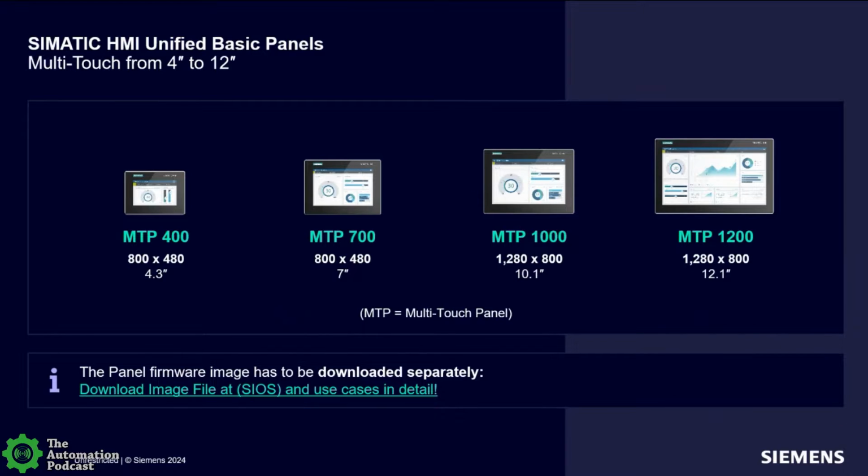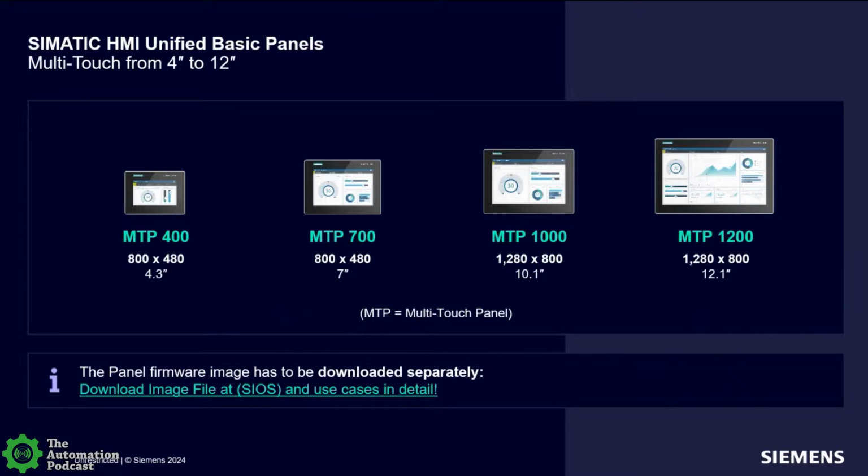When we look at the resolutions and the screen sizes themselves, the Unified Basic panels are offered in 4 sizes, the 4, 7, 10, and 12-inch screen size. The nomenclature that you'll hear us say a lot about the unified panels is MTP and then a number, 400, 700, 1,000, or 1,200.